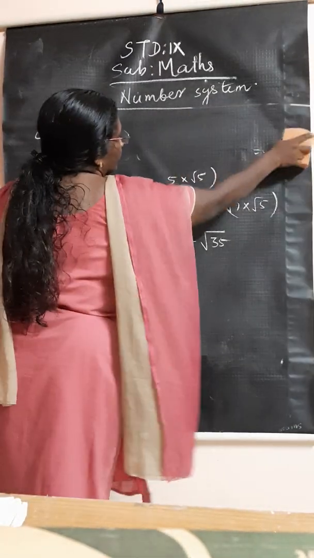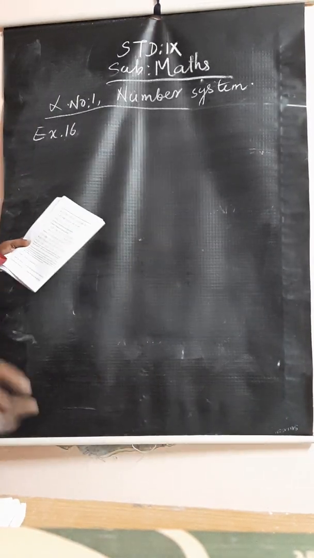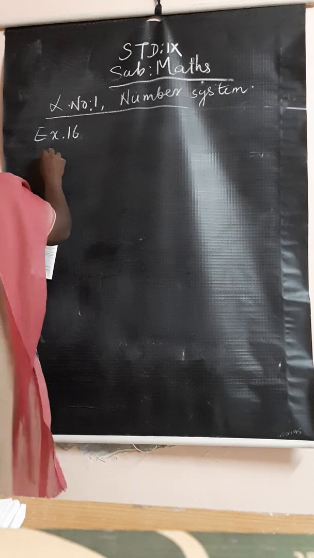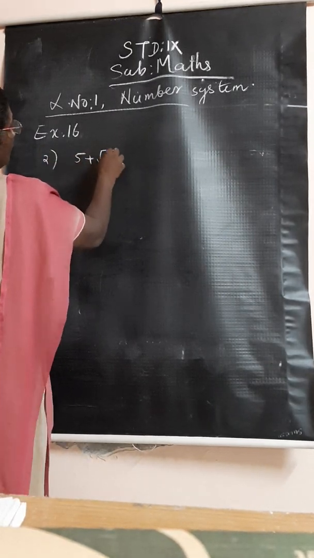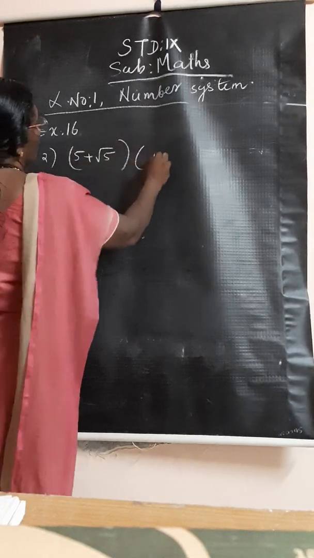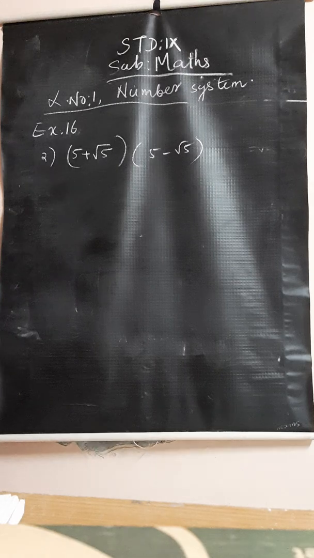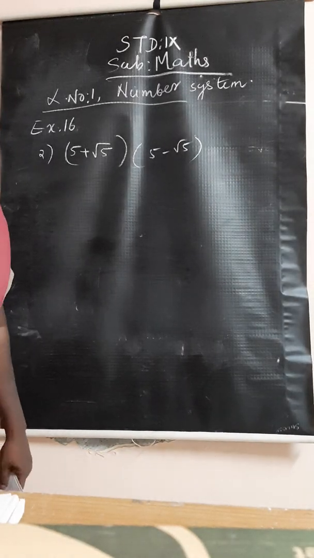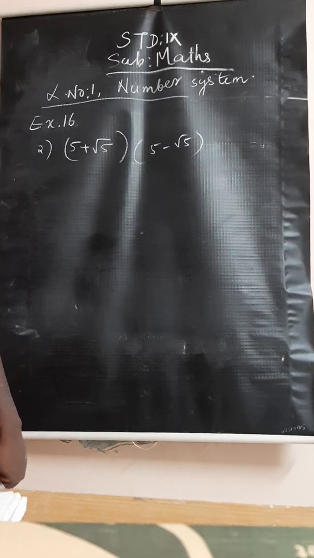Question number 2: 5 plus root 5 into 5 minus root 5. See here. Here also the first term is the same, the second term is the same, and in the middle the sign is plus or minus.